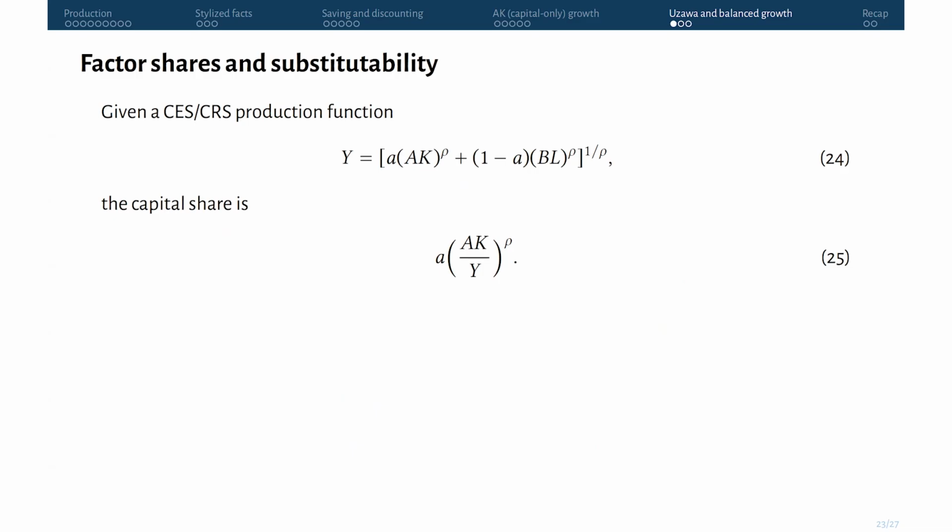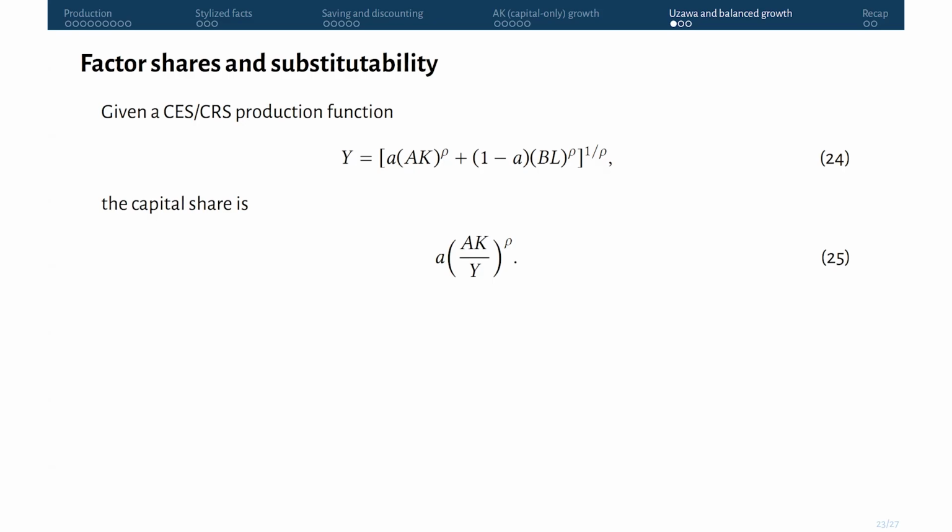So to start with, let's work out the formula for the capital share in a CES economy. Okay, so we've got our CES and, as usual, CRS production function. It looks like that. The capital share looks like that, expression 25.